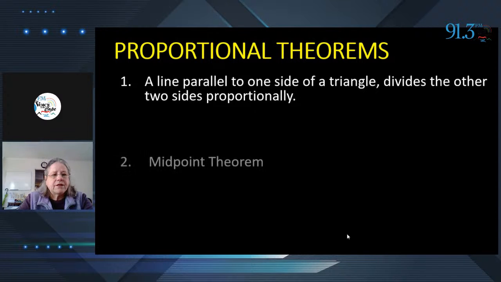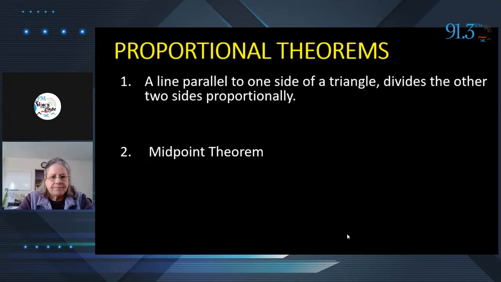Now, the second theorem that flows from this first one is the midpoint theorem. Now, that one you also did in grade 11, and it's actually a special case of the theorem that I've got above. So the theorem above says any line parallel to one side of a triangle divides the other 2 sides proportionally.